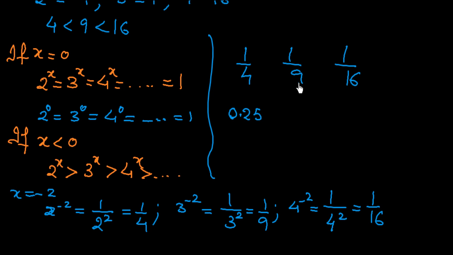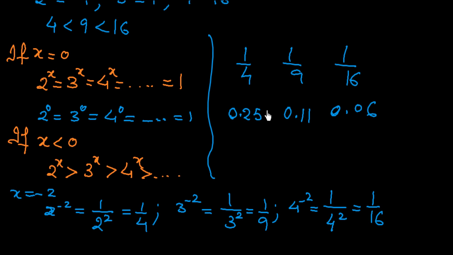If 1 over 9 is there, it is 0.11, and 1 over 16 is 0.06. You see here 1 over 4, 0.25, 1 over 9, 0.11, and 1 over 16, 0.06. So this number is the greatest one, this is the second greatest, and this is the smallest number.